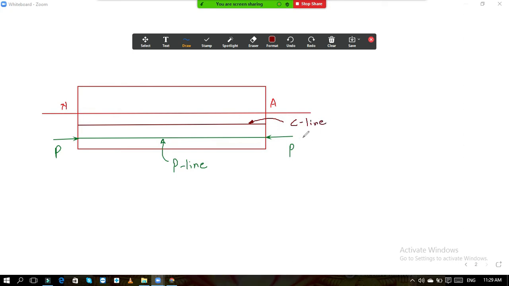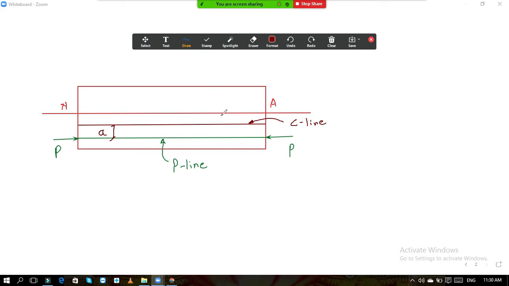In this case, the C line represents the compressive force in the concrete, and the P line represents the force in the steel. Whatever is the force in the steel, the same is the force in the concrete. The distance between the C line and P line is your shift.